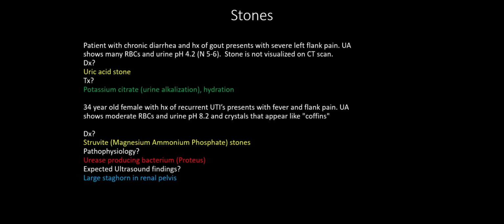A lot of times you'll get an image, whether it's the CT or the ultrasound, you'll see that big stone obstructing basically all of the renal pelvis up into each individual papilla of the renal parenchyma, the collecting system, and you'll get that characteristic appearance, the staghorn.